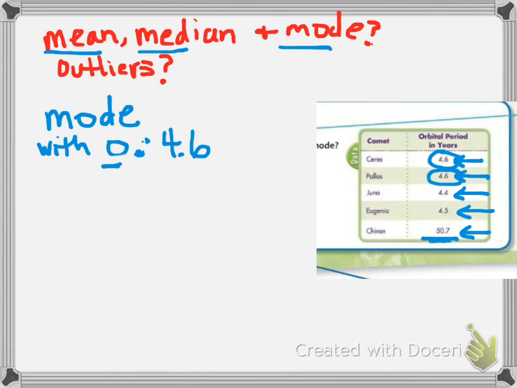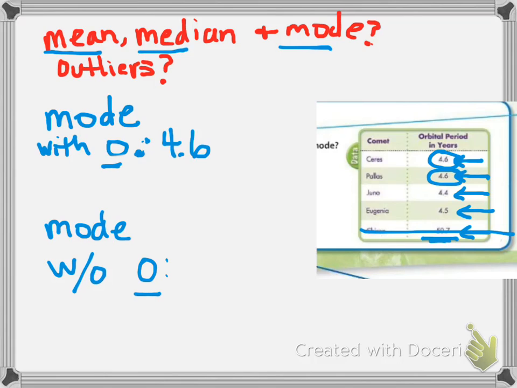Now let's find the mode without the outlier. So this time I'm not going to include this information here. If I don't include the outlier, 4.6 still repeats, this one doesn't, and so my mode will be the same. So in this case, does the outlier affect the data information? Does it change? No, it's still the same for the mode.